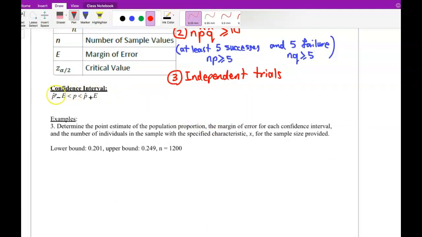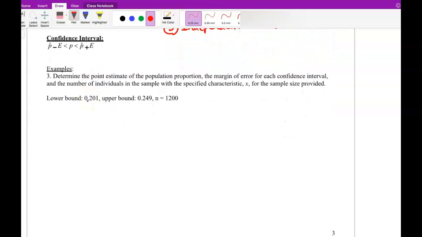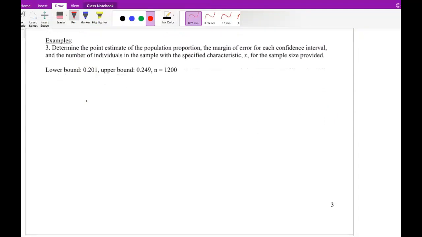Okay, now here is confidence interval. P, or population proportion, is between sample proportion minus this error, and on this side we have plus. So on left side is minus, and on right side is plus. Now example, determine the point estimate of the population proportion, the margin of error.